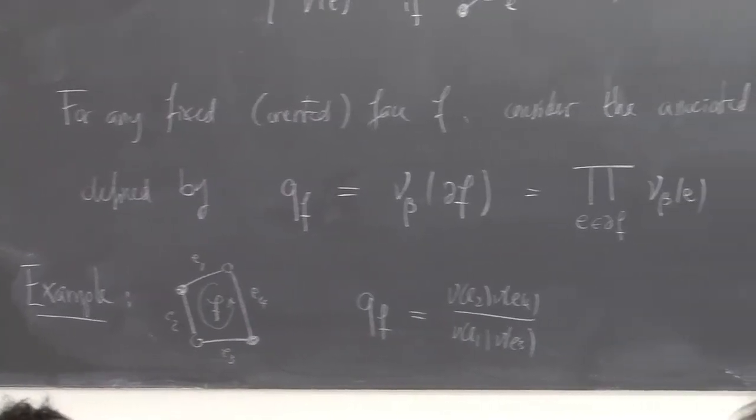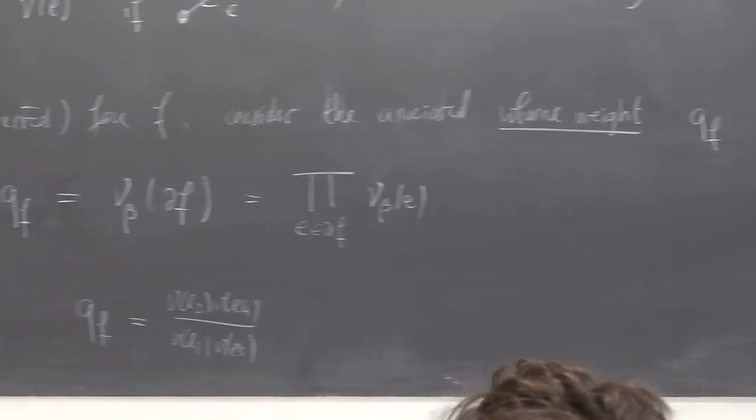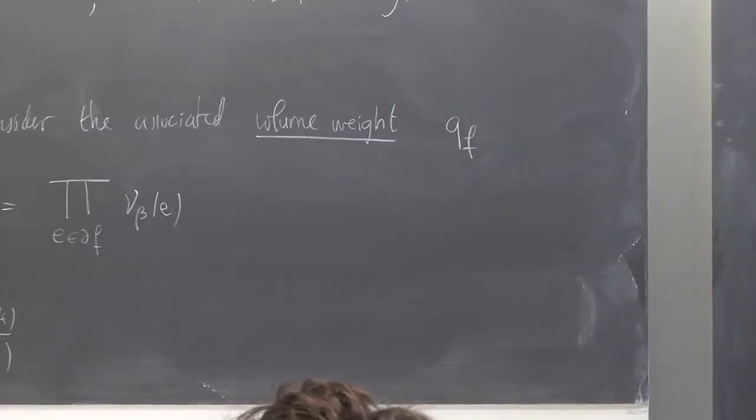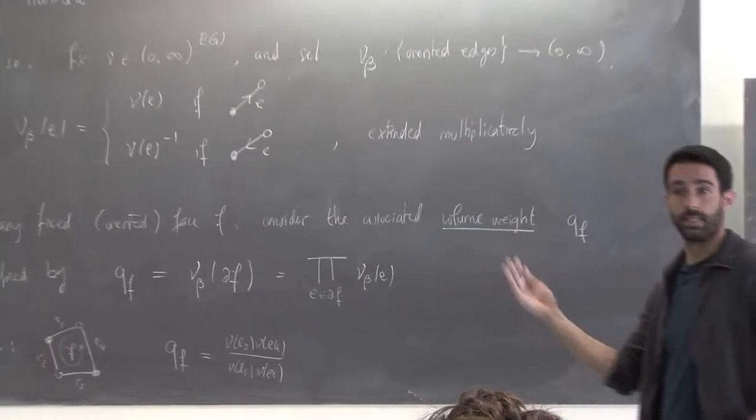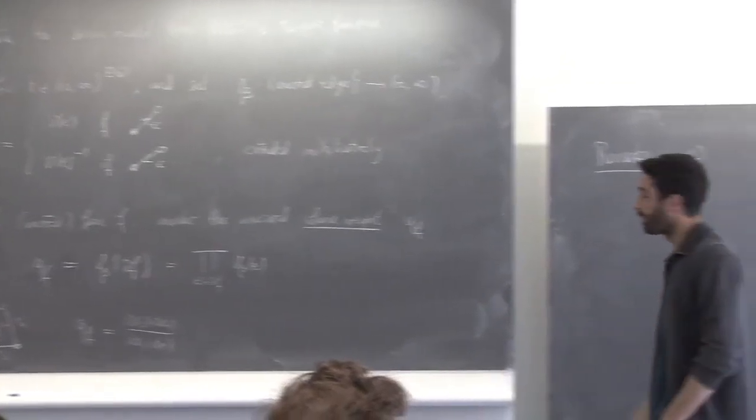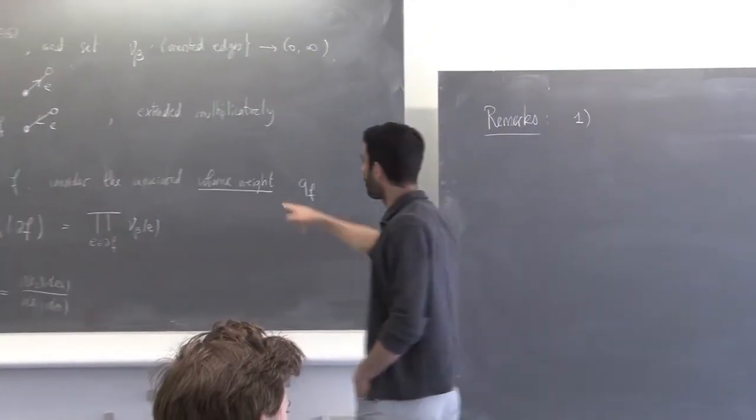And maybe I can already make a couple of remarks. So these will be the weights, the new weights that will be the best way to parameterize a Dimer model.